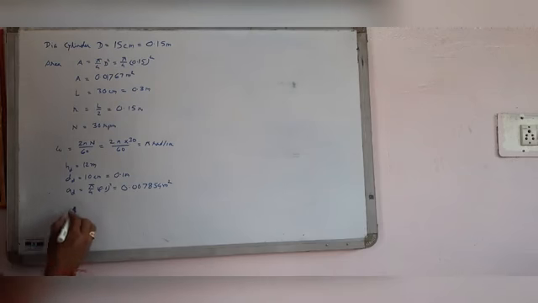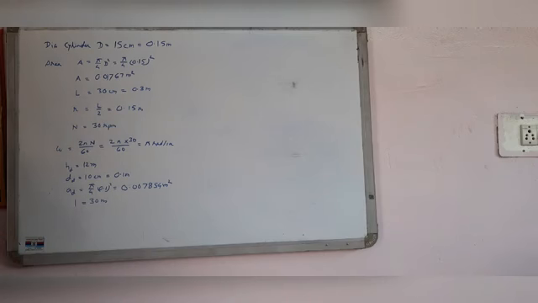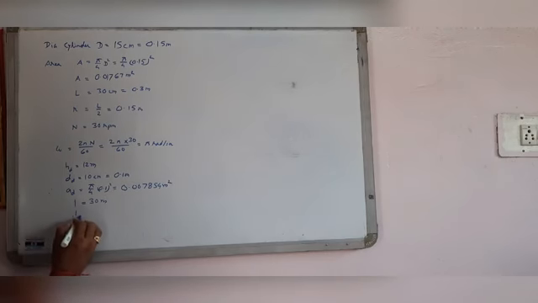Length of delivery pipe L equal to 30 meter. Length of air vessel from center of cylinder, that is LD dash, equal to 2 meter.